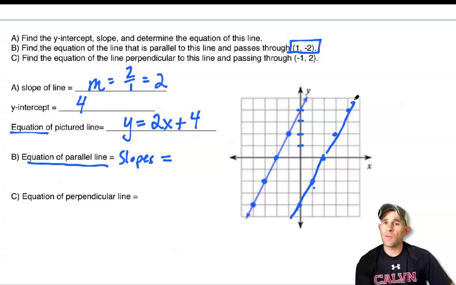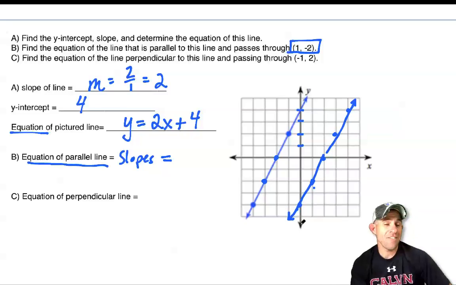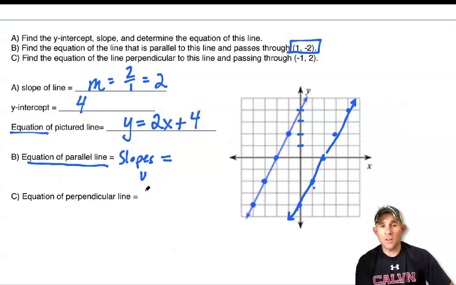And now I have my line, and now I want to write the equation. So the equation here is y equals 2x, because my slope needs to be the same, plus my y-intercept. Well, my y-intercept looks like it's negative 1, negative 2, negative 3, negative 4. So plus a negative 4 is the same thing as minus 4.